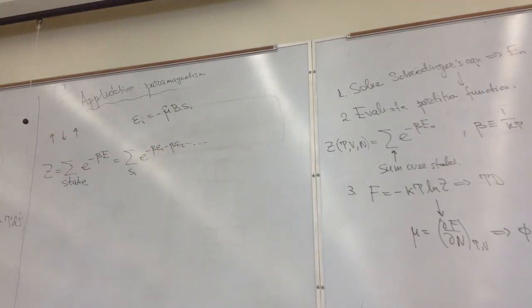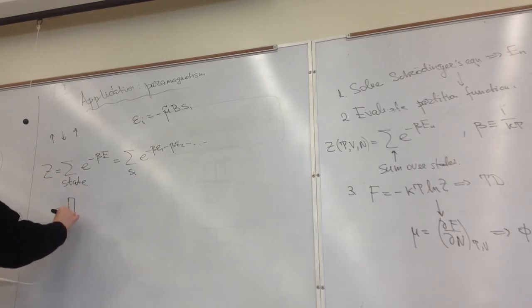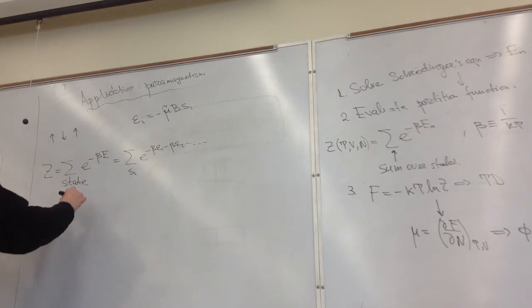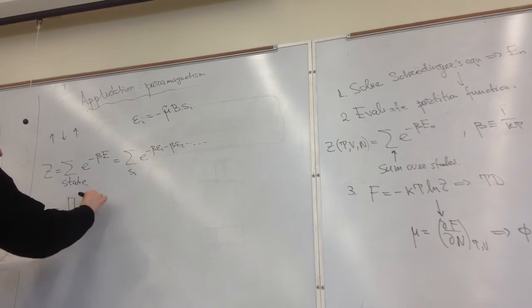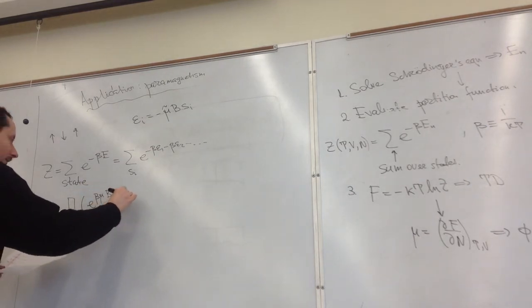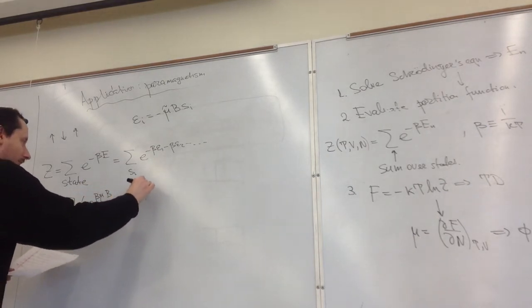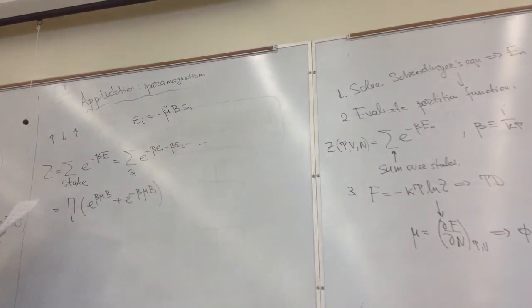That's exactly the exercise which we did here, which I just erased. So this is exactly the same two-state system which I was describing before. So you'll get a product, e to the beta mu B plus e to the minus beta mu B, product over i.